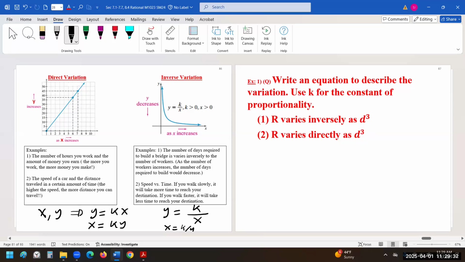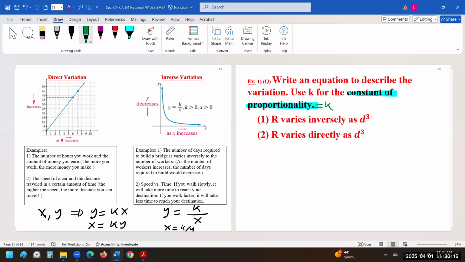Now, based on this concept, we are going to do some examples. Let's start with something easy. Write an equation to describe the variation. Use K for the constant of proportionality. That K has a special name. We call it constant of proportionality. So they are saying write an equation for the two scenarios they give you and use K for your constant rate.